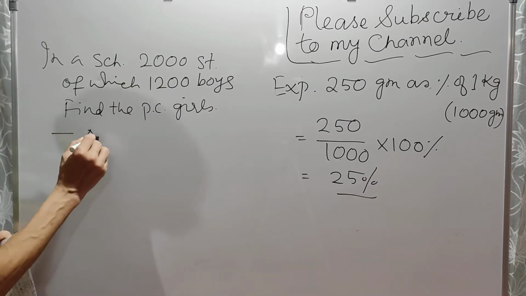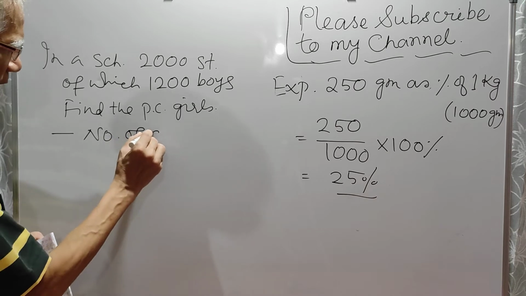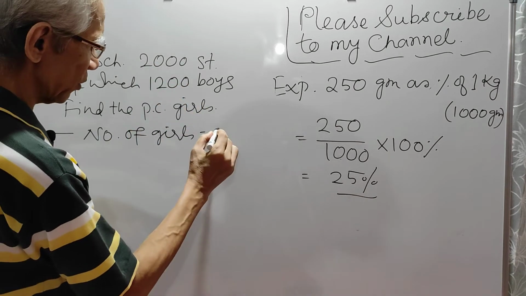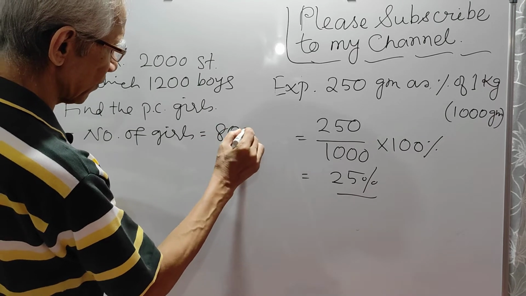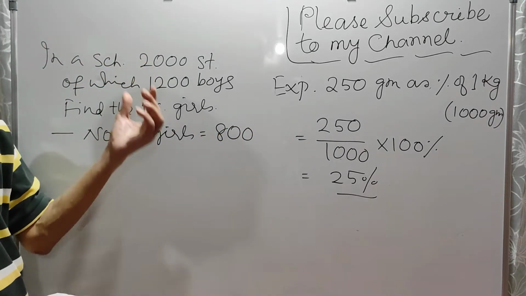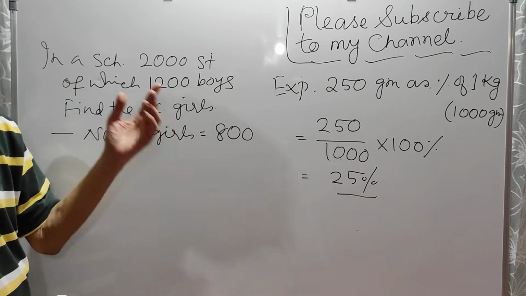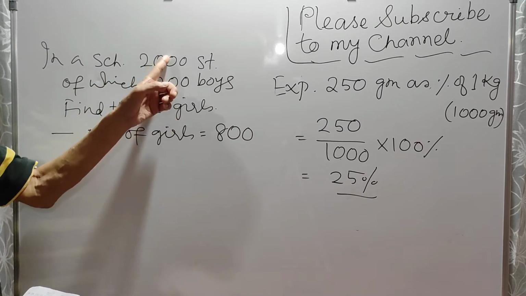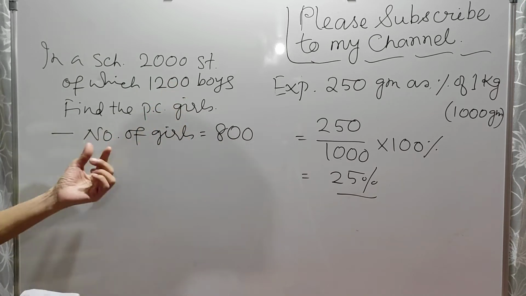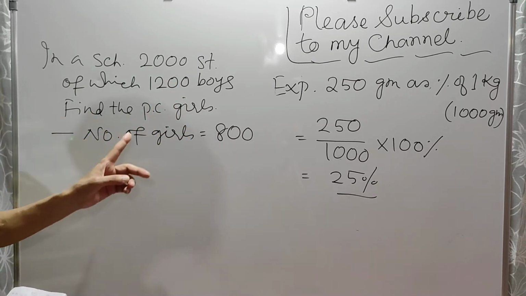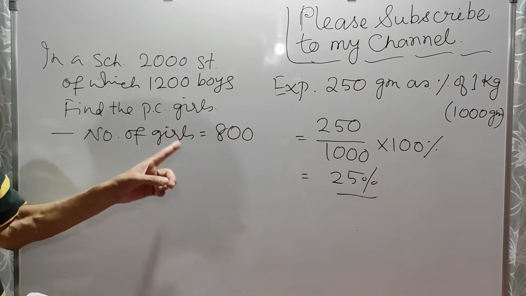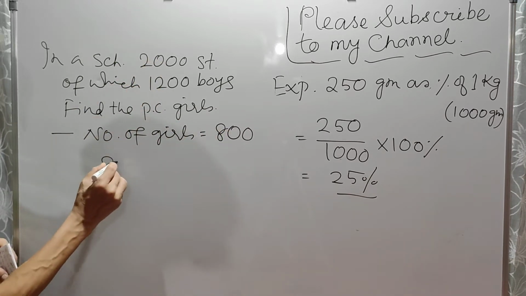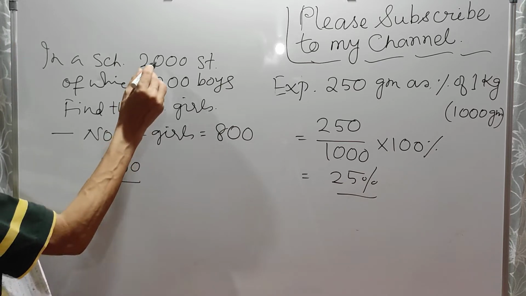This is the way to do. In the exam, you have to write a proper statement and do it. I am showing briefly. So 2000 minus 1200, as 800 will be the number of girls. Now you have to express 800 as a percentage of 2000.